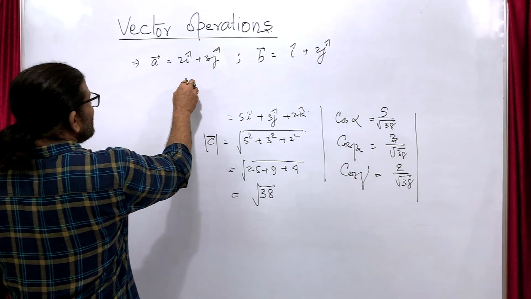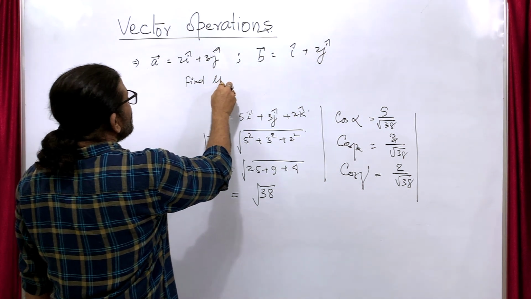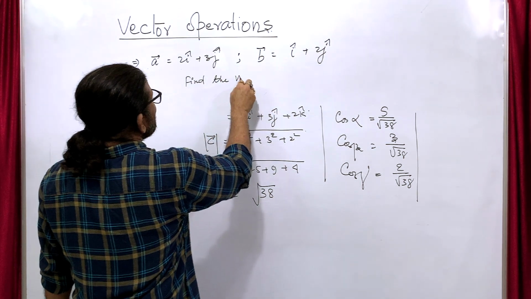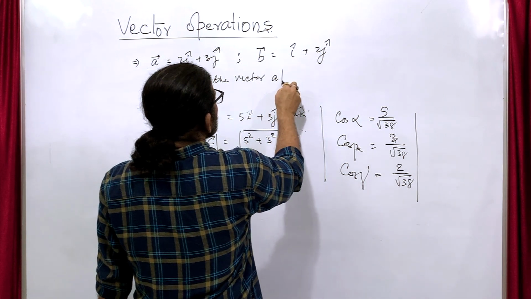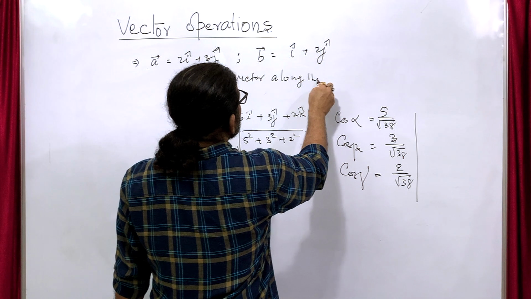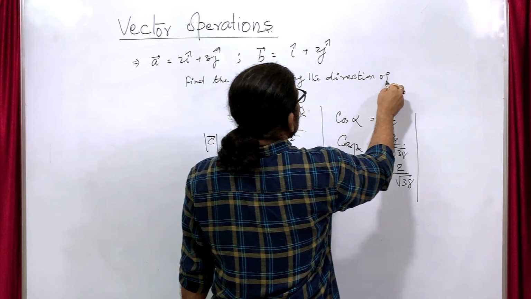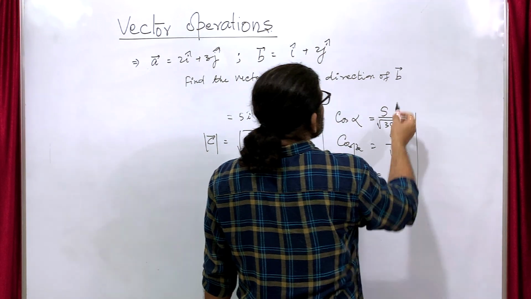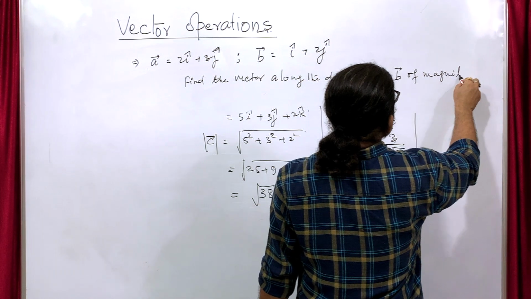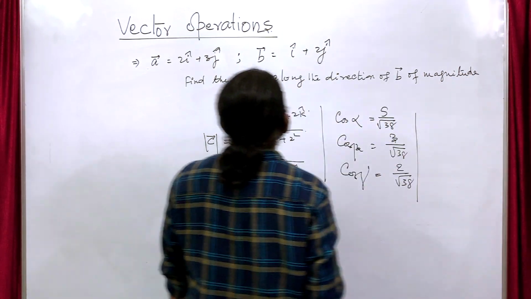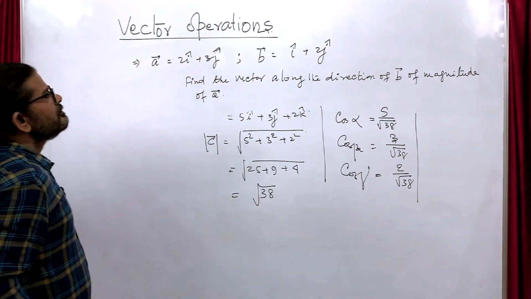If somebody is asking: find the vector along the direction of vector B of magnitude of vector A. Fine.